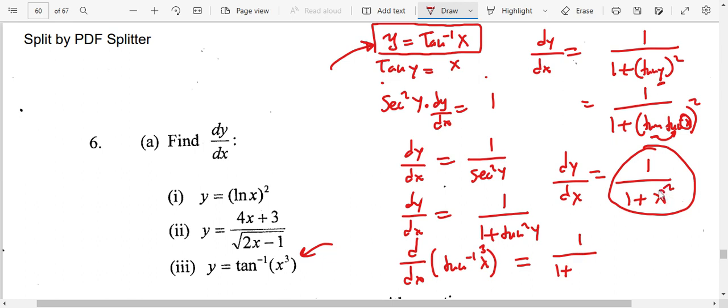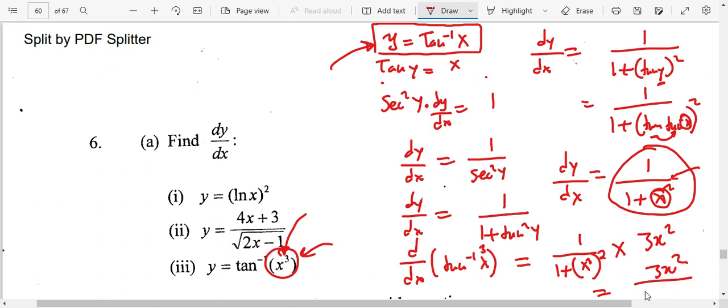So this thing here changes according to the term which is here. Since now it is x cubed, that will be x cubed. But remember, according to the formula, it should always be squared. So raised to the power 2. And then always multiply by, you differentiate the angle. That will be 3x squared. So the answer then becomes 3x squared over 1 plus x to the power 6.